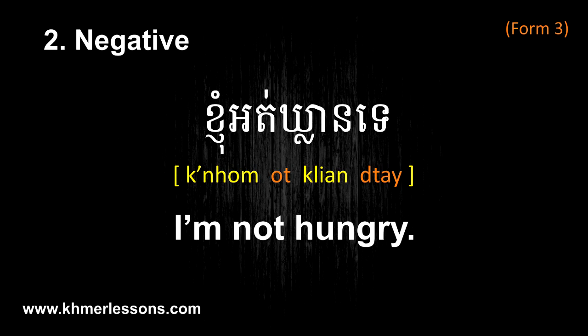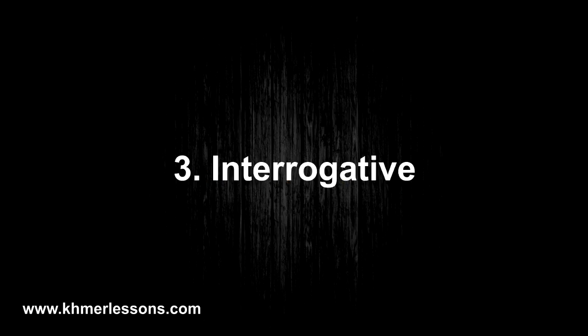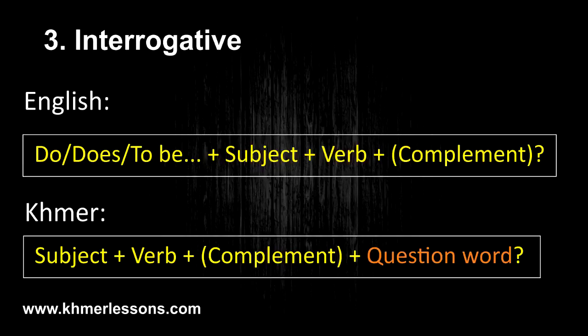So all of these are the forms used in negative form in the Cambodian language. Now we go to number 3: how to make an interrogative or question sentence. As you know, when you make a question in English, you start with an auxiliary verb like do, does, verb to be am, is, are, or have, will.